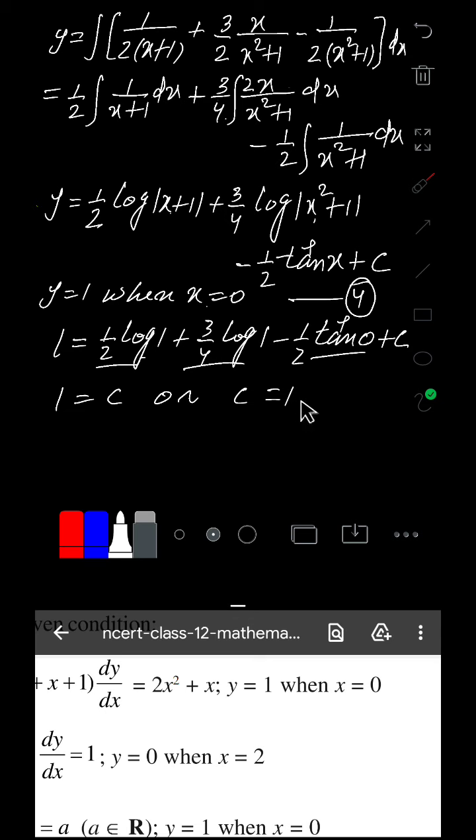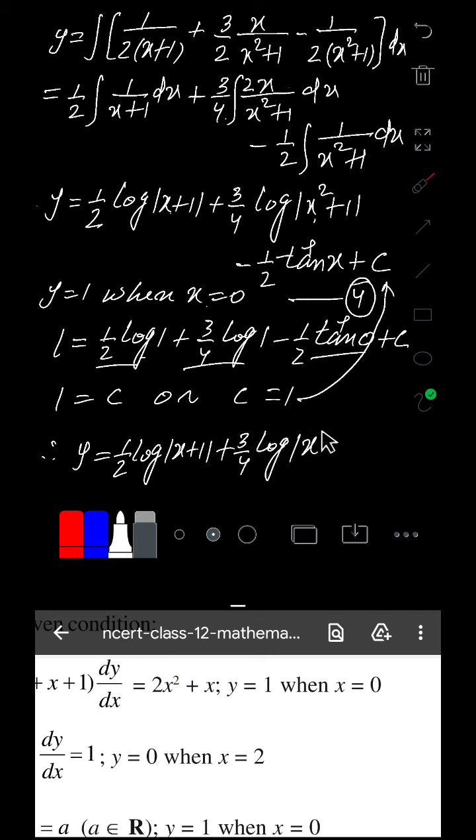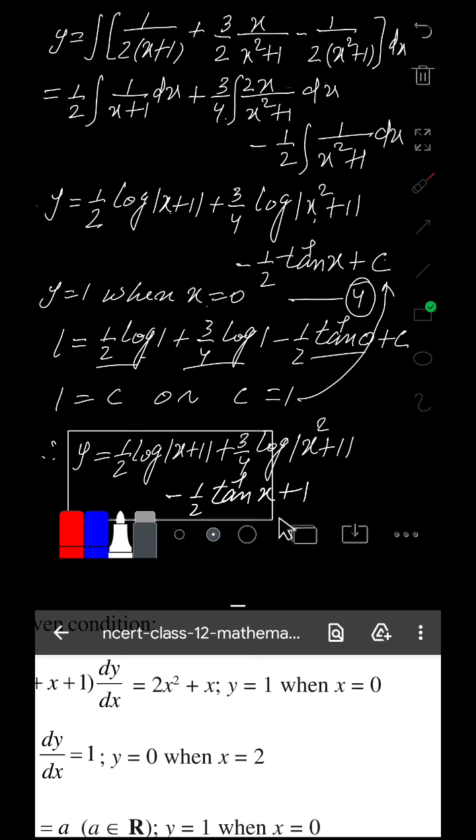Now putting back this value in this equation, we get y is equal to half log mod x plus 1 plus 3 upon 4 log mod x square plus 1 minus half tan inverse x, and c is 1, so plus 1. So this is the required particular solution of the given differential equation.